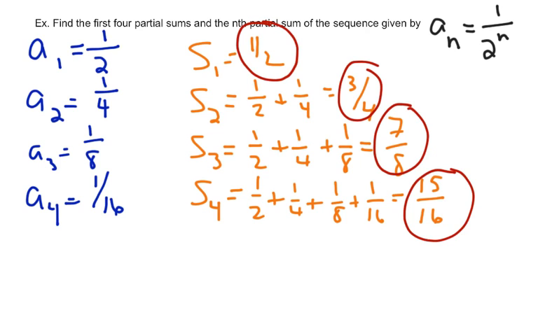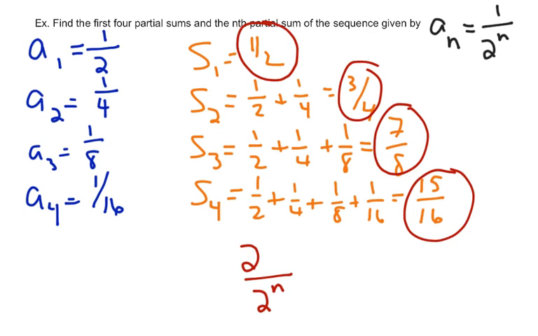So I want you to notice that the denominators of these fractions, 2, 4, 8, 16, those are going up by powers of 2. We've run across that a couple times already. The denominator is 2 to the nth power. The numerators are always 1 less than the denominator, aren't they?